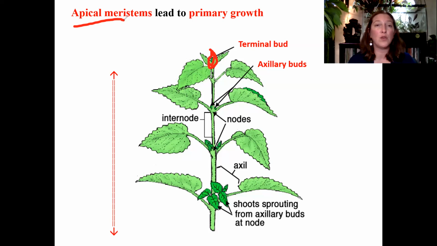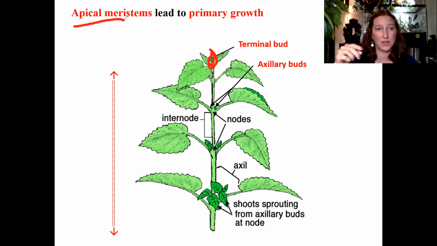So for example, maybe you've heard of the term stem cell. This stem cell can grow into maybe bone tissue or nerve tissue. The stem cell can kind of go whichever way it needs to go. Meristems are that same type of cell, where they will divide and produce new types of tissue.